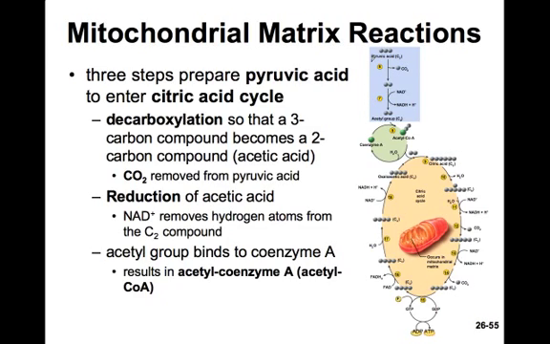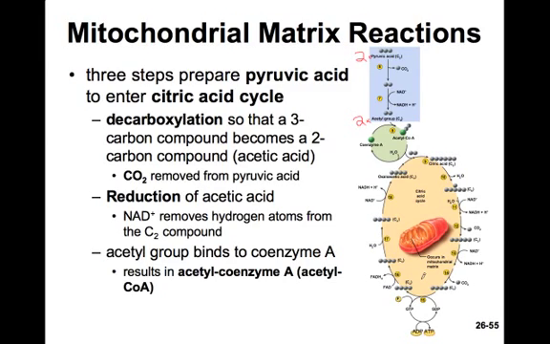So we multiply everything in here by 2. So we can have 2 times the pyruvic acid, which leaves us with 2 times acetyl-CoA, and then 2 times everything else that happens in this cycle.